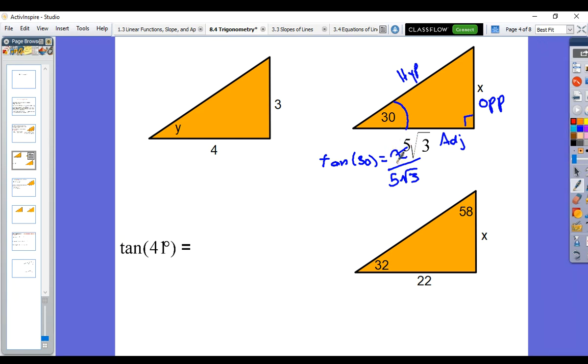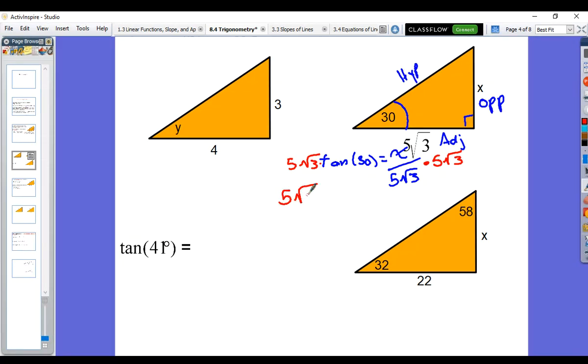So we're going to get this x by itself by multiplying both sides by 5 radical 3. When doing so, we're left with 5 radical 3 times the tangent of 30 equals x, our value that we are looking for. Let me get a calculator.